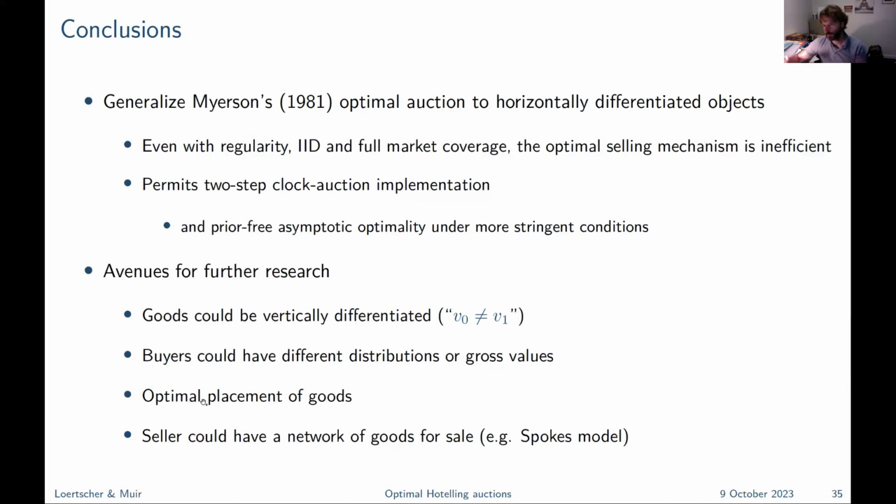And you could analyze what's the optimal placement of the goods on the 0-1 interval. And maybe you could also look at the problem where the seller has a network of goods for sale and the consumers are distributed along the edges on that network. So that was what I had.